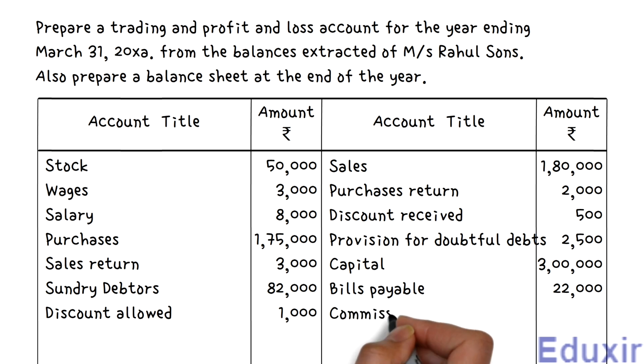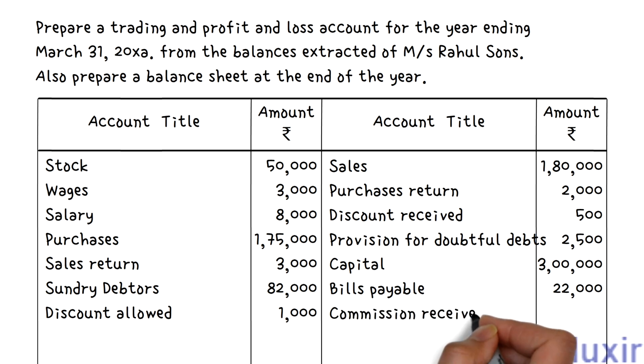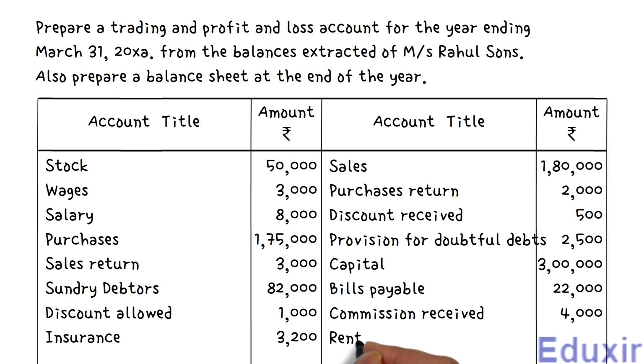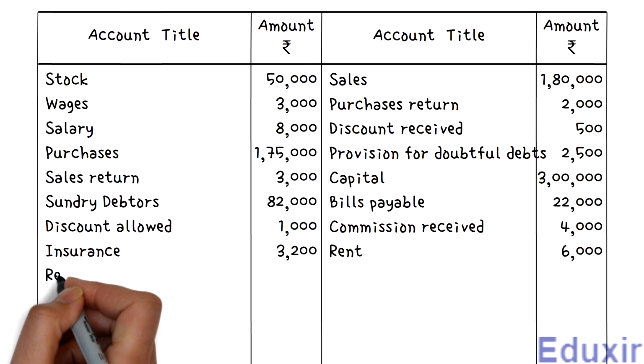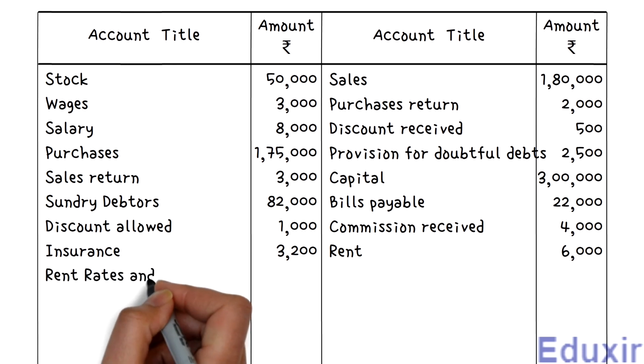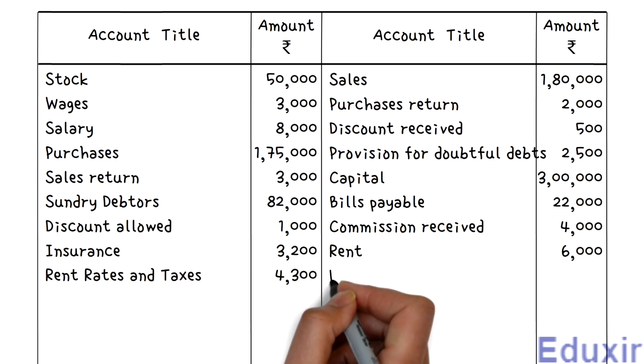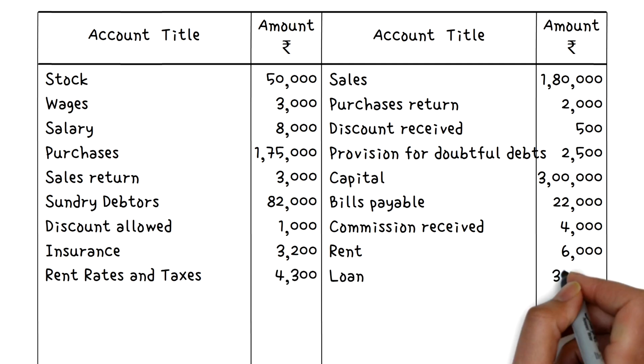Commission received balance is 4,000 rupees. Insurance balance is 3,200 rupees. Rent balance is 6,000 rupees. Rent, rates and taxes balance is 4,300 rupees. Loan balance is 34,800 rupees.